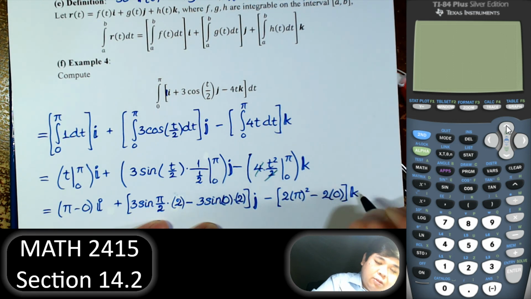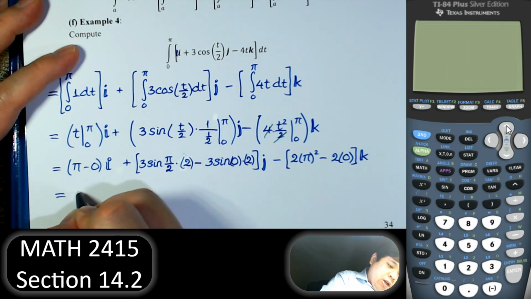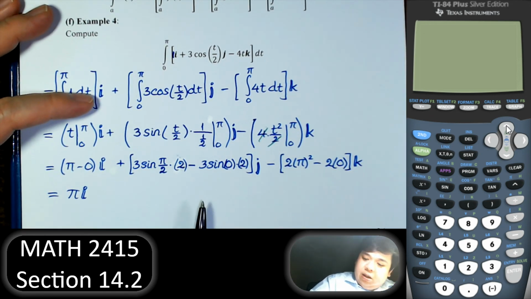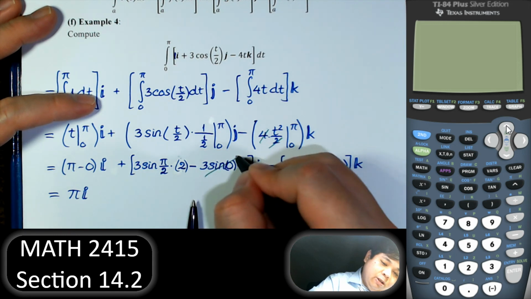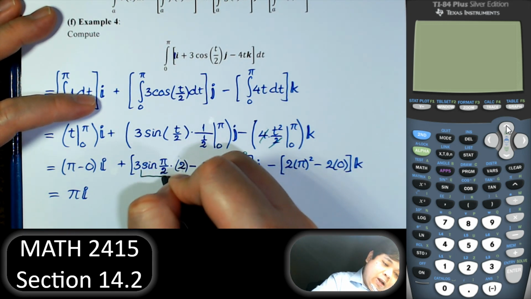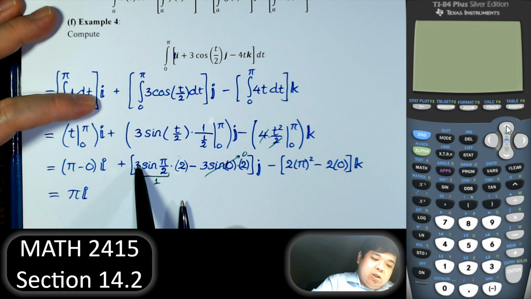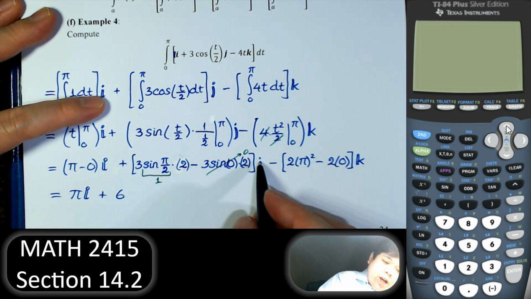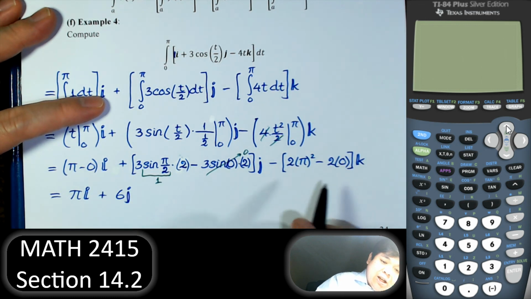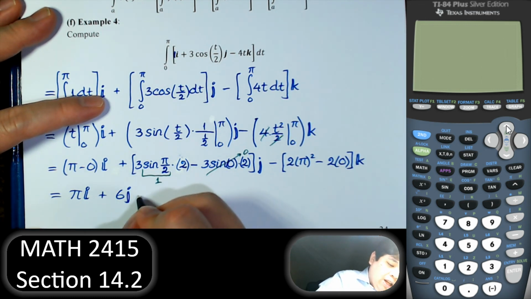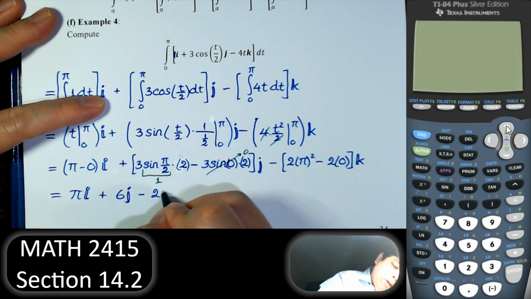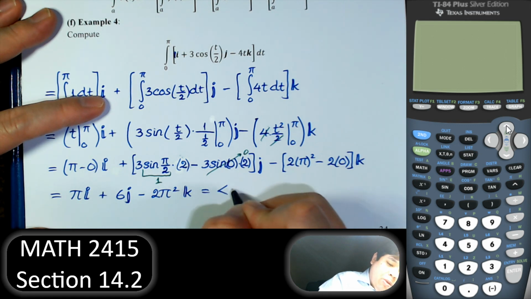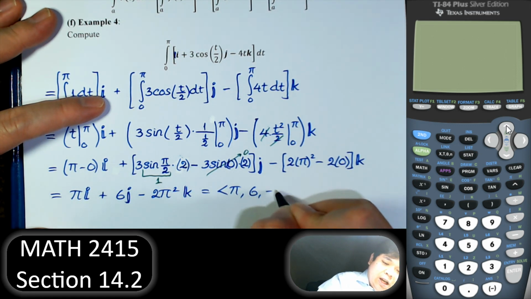Okay. So we have pi i. Sine of 0 is 0. Sine of pi over 2 is 1. So that 3 times 2 is 6, j. And that is negative 2 pi squared, k component. Or we can just write ⟨pi, 6, negative 2 pi squared⟩.